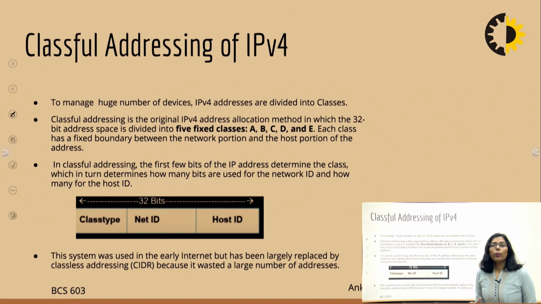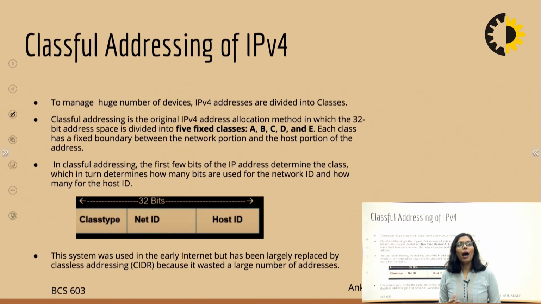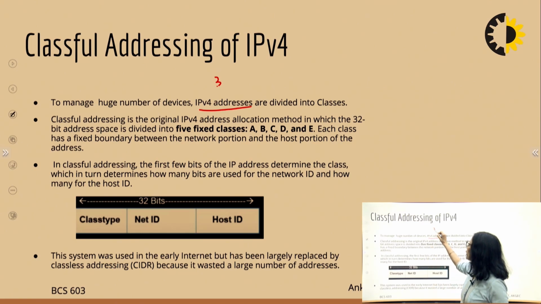Now, we have understood till now that we are representing our address as a 32-bit number. To manage such a huge number of devices, we have divided the IPv4 addresses, that is a 32-bit number, into different classes.